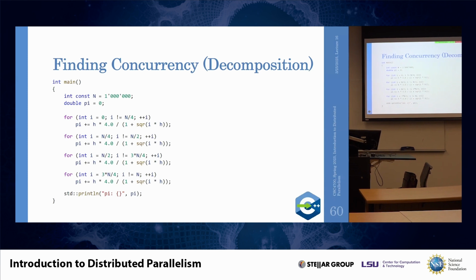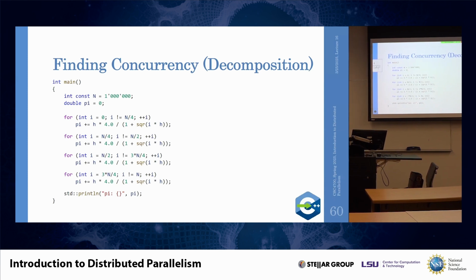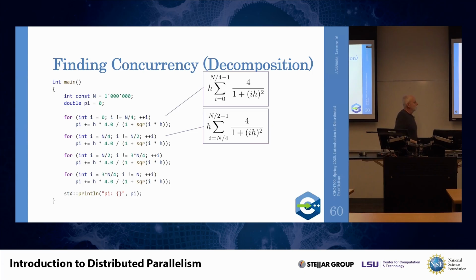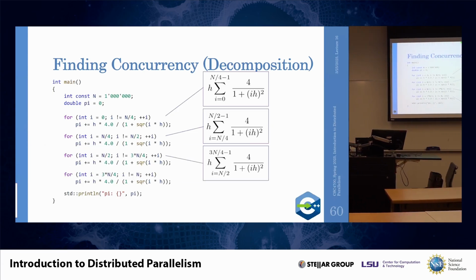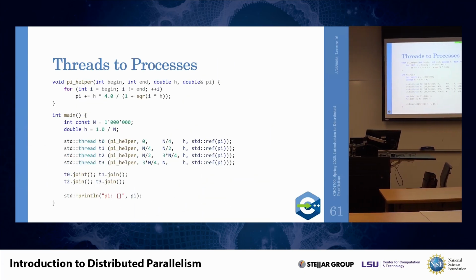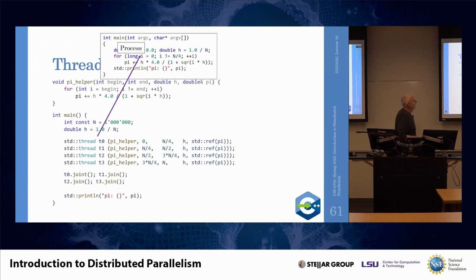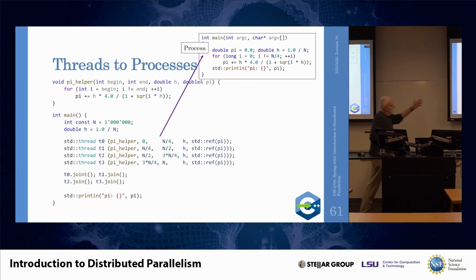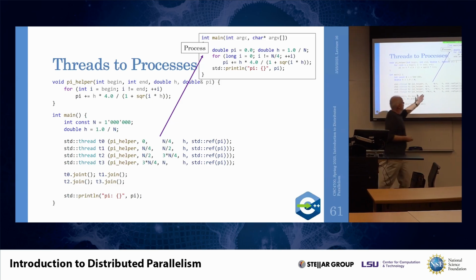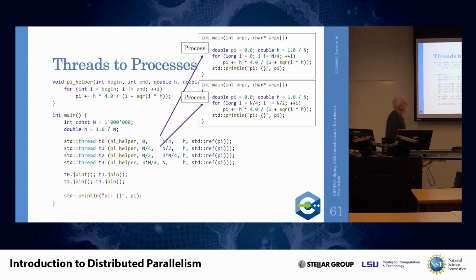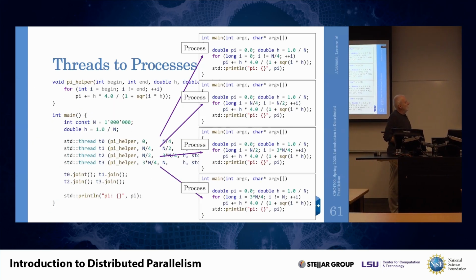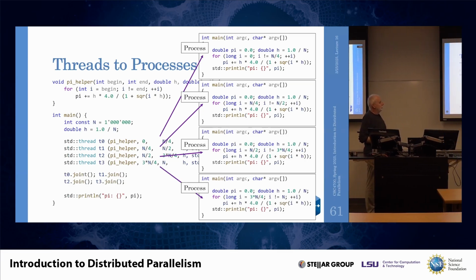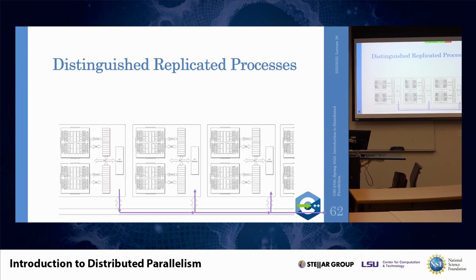So we started off with this. We had the decomposition into pieces. We went to threads where we were sharing n. From there, we went to the processes. I showed you what transformations we had to do in order to do that.